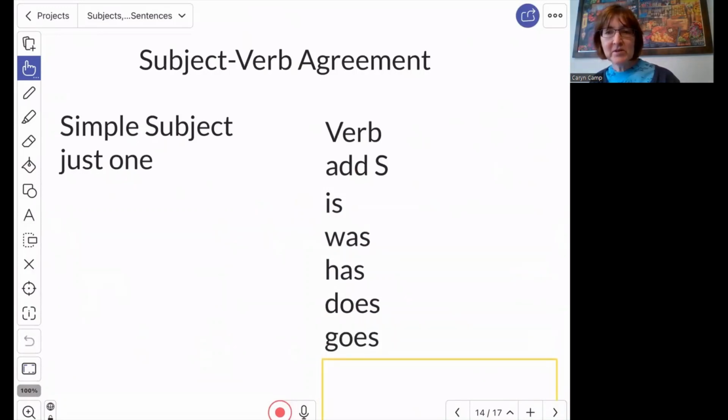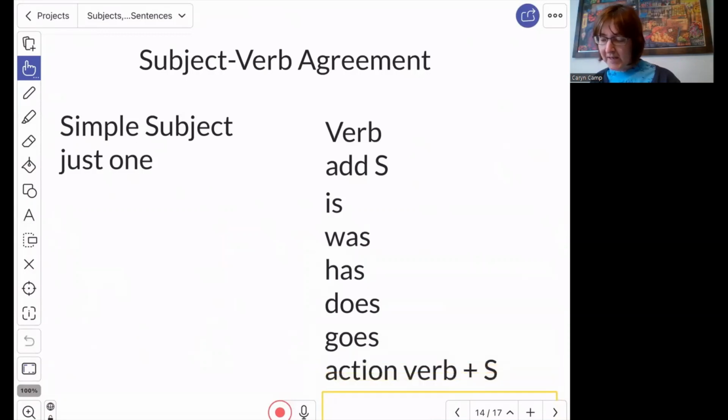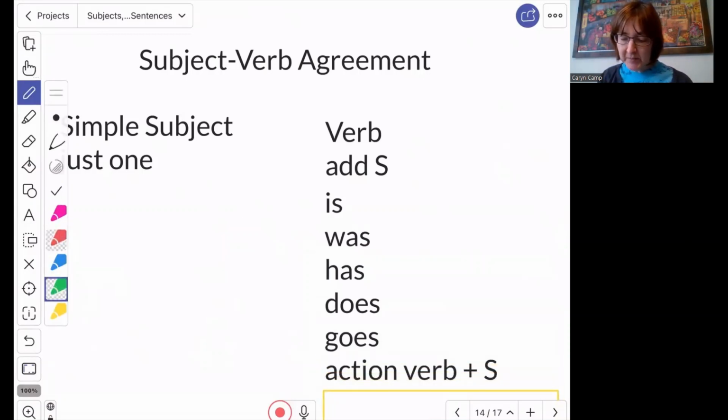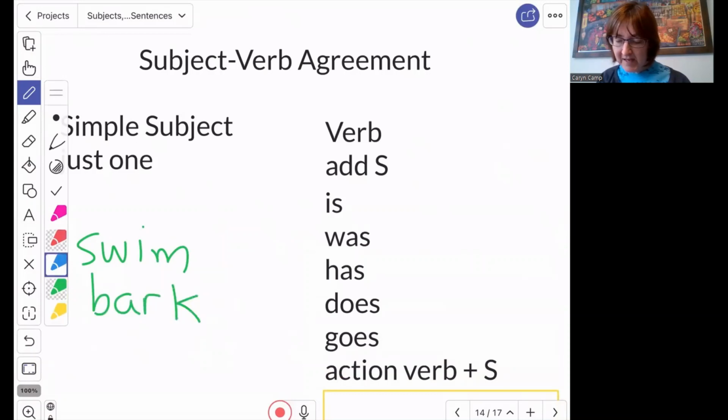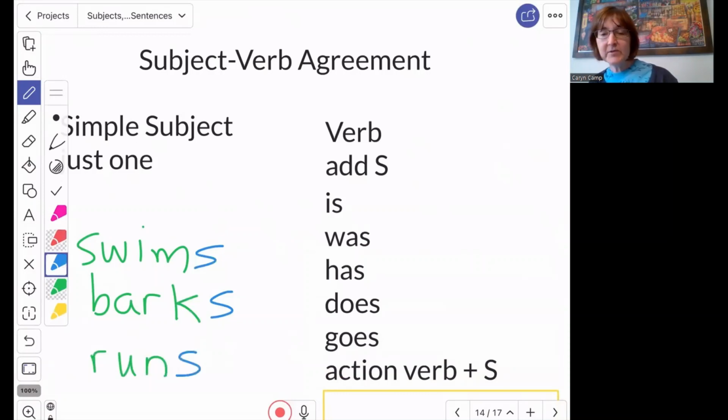With goes, we took go and added an ES and made goes. Or any action verb plus S, right? So action verbs could be like swim or bark, and we just add an S on the end. Okay, run, just add an S on the end. We would do that if the simple subject is just one.